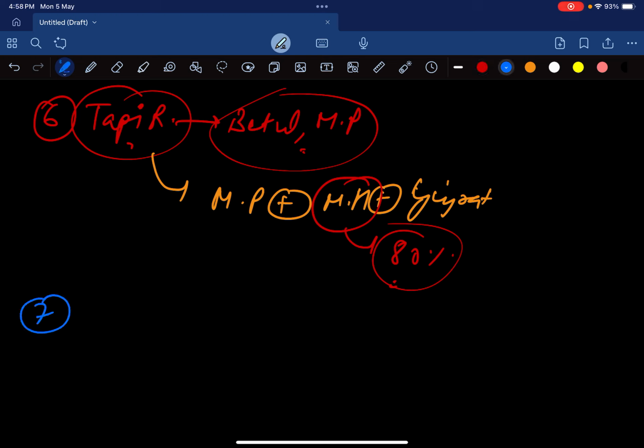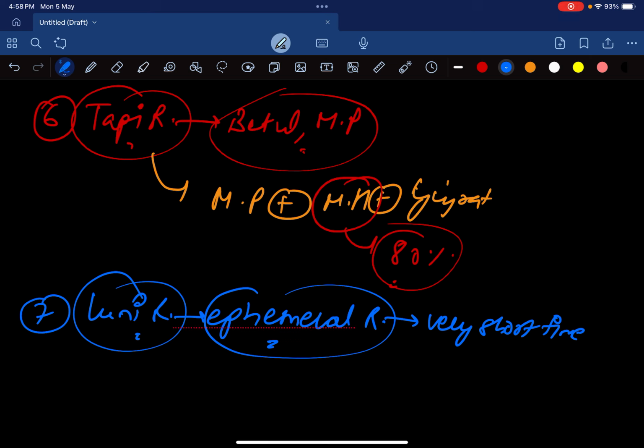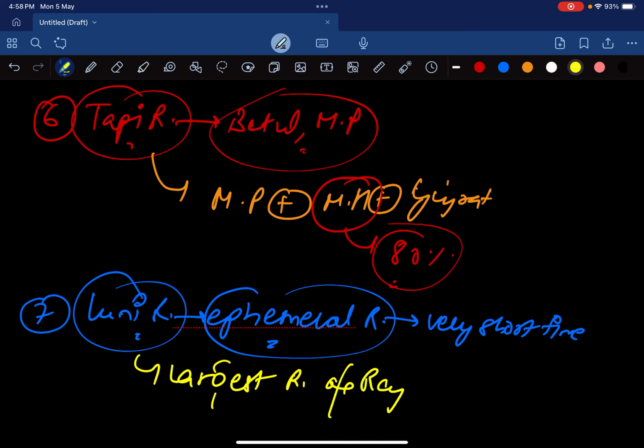The seventh is the Luni river. Luni river is an ephemeral river, that is it is there for a very short time. कुछ समय बाद पता ही नहीं चलेगा कि लूनी रिवर यहाँ से बहती भी है कि नहीं. Further, it is the largest river of Rajasthan.